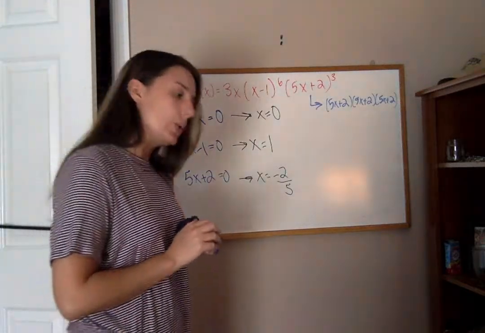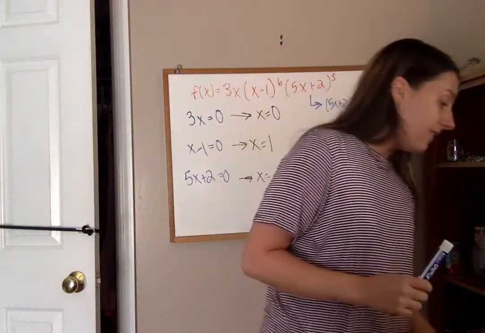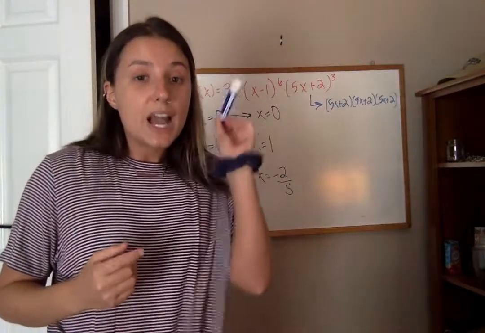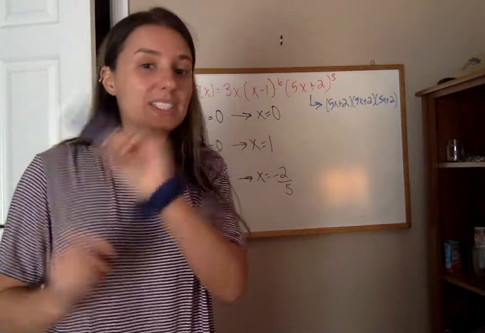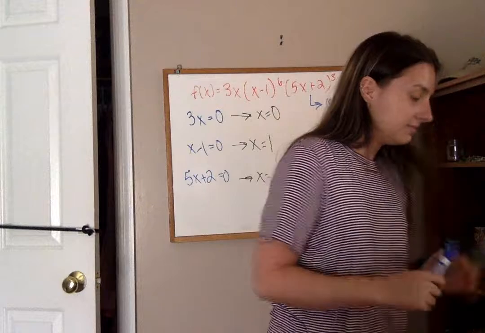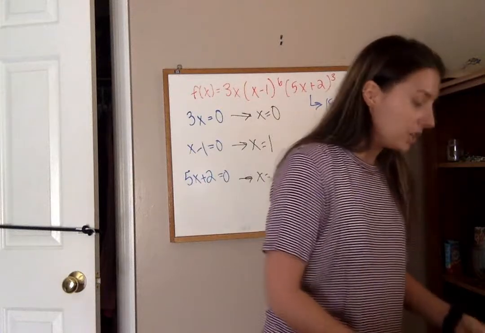Okay, so the effect on the graph. I've said this in the last video, I'm going to say it again. I think Desmos is very useful for seeing how this kind of stuff works.